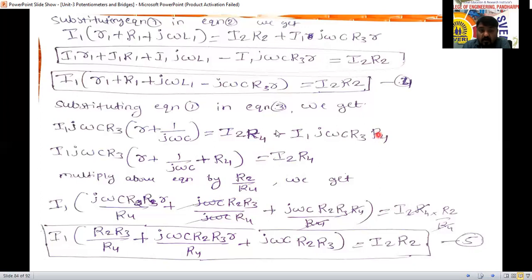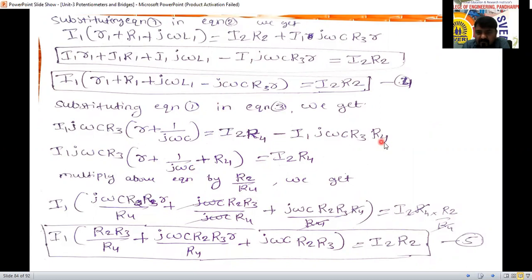Now here you have to concentrate. The I1 term is there here, and here also the I1 term is there. When I send it to the LHS side, this minus term will become plus. Here I1 j omega C R3 is there, and here also I1 j omega C R3. When I take common, R plus 1 by j omega C, when sent to the LHS side, becomes plus.